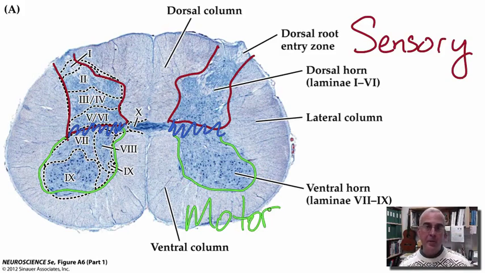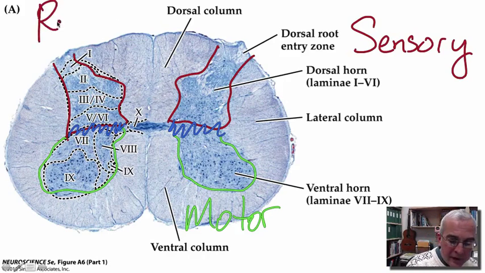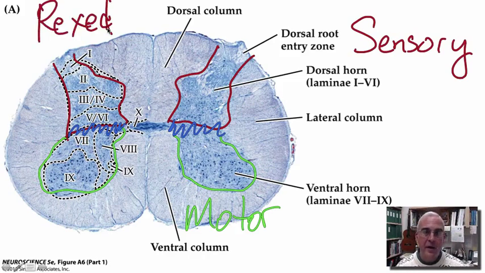So in the dorsal horn, we have longitudinal layers of cells that are organized along the long axis of the spinal cord, one layer on top of the other, almost like a long series of strips of cells. And these strips have been recognized by anatomists over the years, and the scheme that seems to have stuck the best was proposed by an anatomist by the name of Rexed, and we call this scheme Rexed's layers, or Rexed's laminae of the dorsal horn.